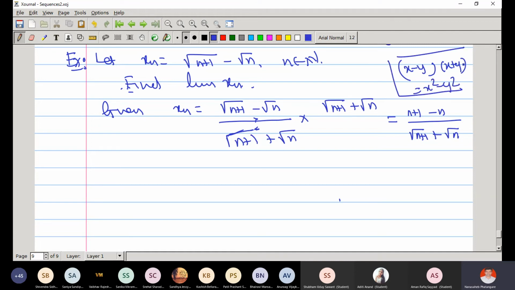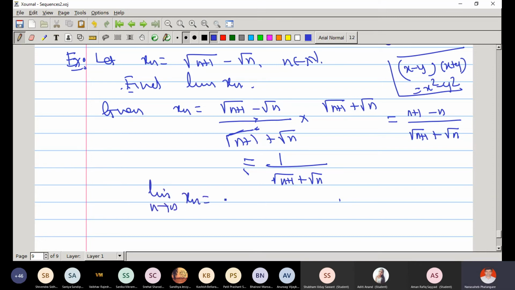So this is what we use in the numerator, and therefore it becomes 1 upon what? 1 upon root of n plus 1 plus square root of n.